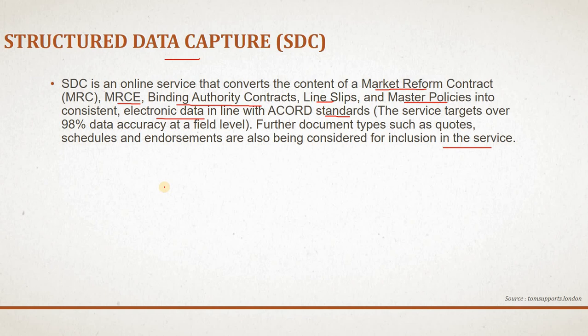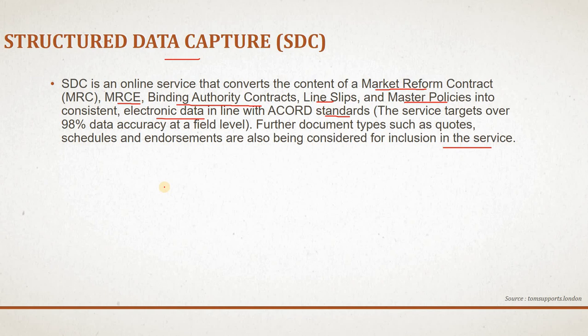For example, if you recall, the MRC is a document where you have all the risk information placed in a structured way, and this is a document which the underwriter refers to before binding or accepting the risk. So this is one of the key documents, and it is essential to bring the data from this document into digital form so that the underwriter can evaluate this data digitally rather than evaluating it on paper.